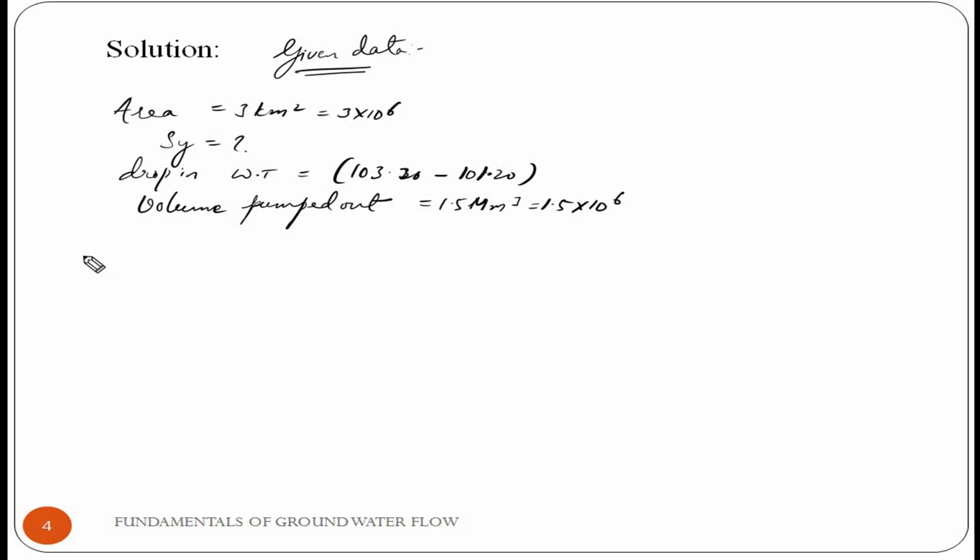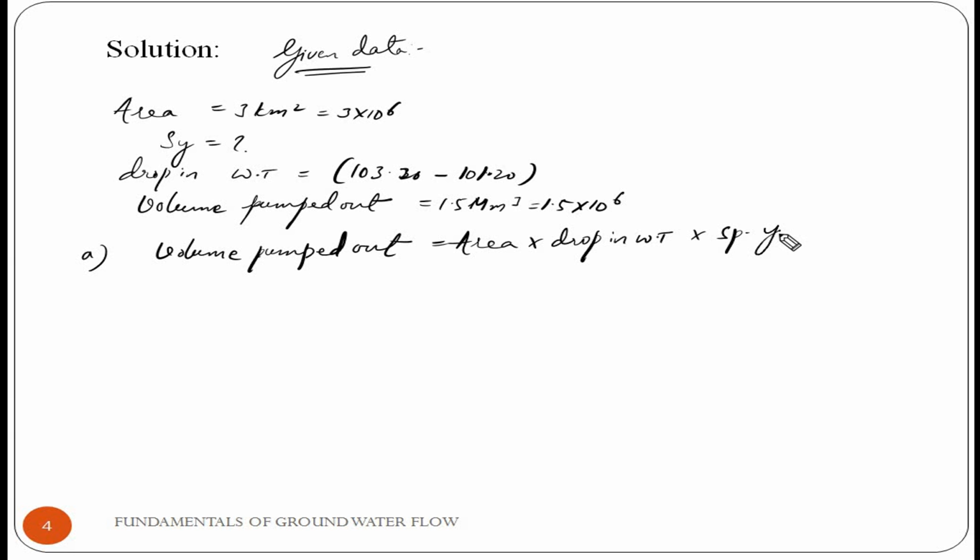So the volume pumped out is equal to area into drop in water table into specific yield.